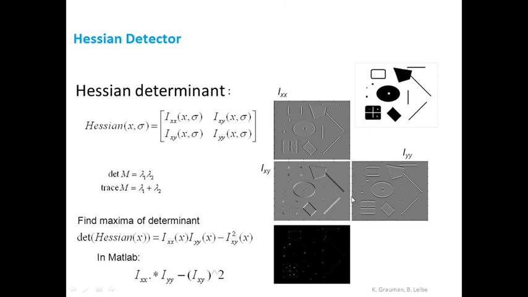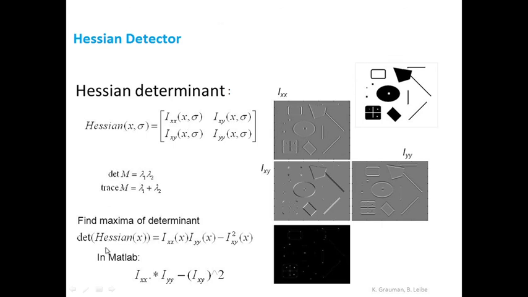Okay, there is one more detector that we have to take into consideration, that is the Hessian detector. Here we search for image locations which have strong changes in the gradient along both orthogonal directions, that means along both the x as well as the y directions, the horizontal as well as the vertical directions. Of course, this matrix you are very much familiar with. The determinant is nothing but lambda 1 lambda 2, and the trace is nothing but lambda 1 plus lambda 2.